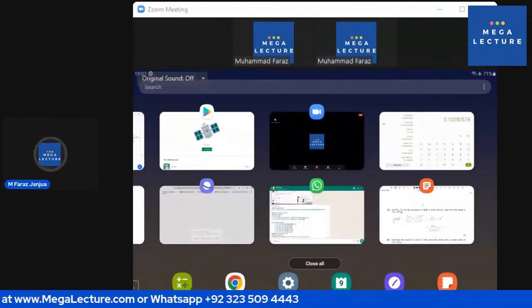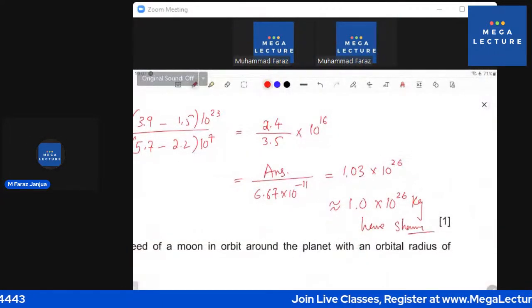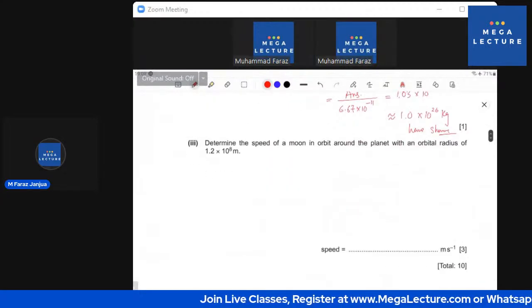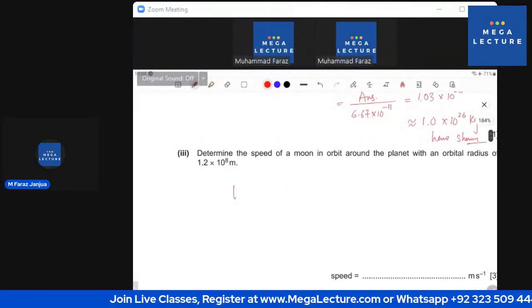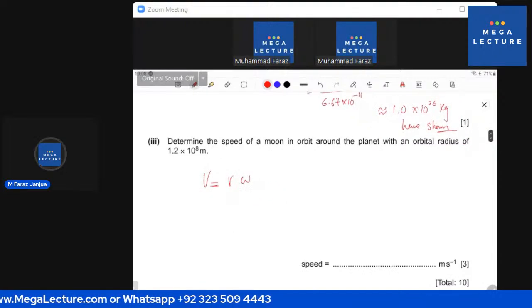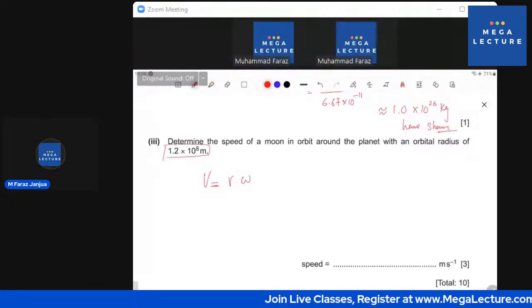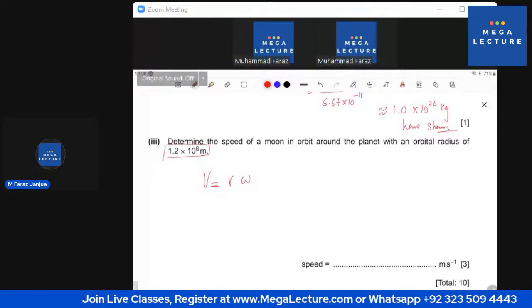Now, determine the speed of the moon in orbit around the planet with an orbital radius of this. V equals r omega. So you have to collect data from the diagram. R given is 1.2, but the graph is drawn for r cube.